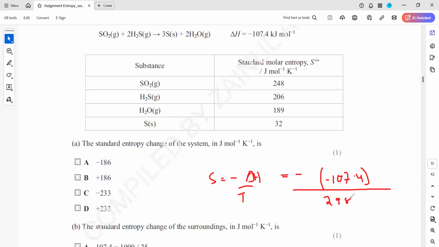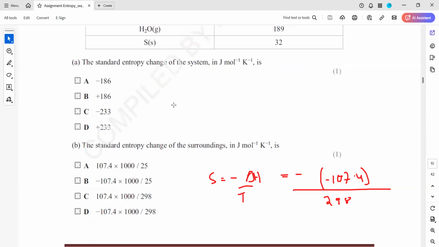Then it should be divided by 298, and because it is in kilojoules, we want to convert into joules, so multiply by 1000.